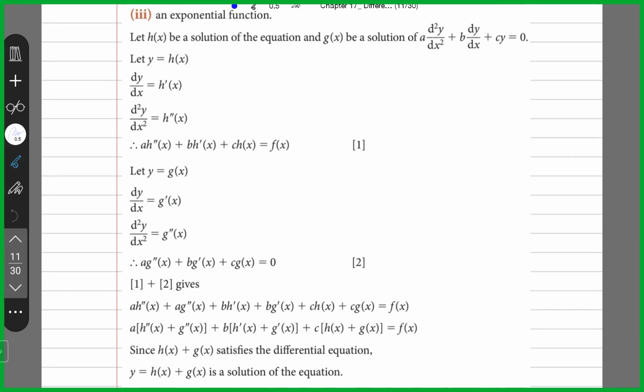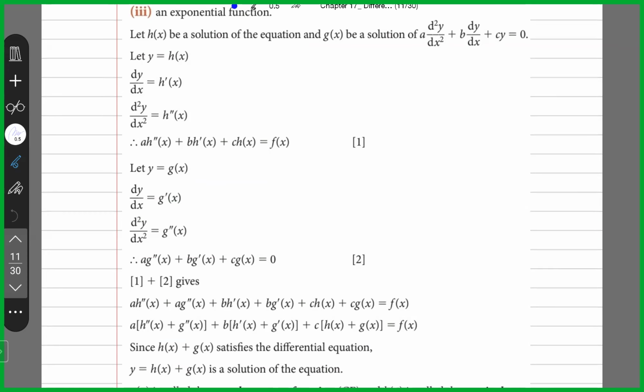Then remember that g of x is the solution of the homogeneous part of the differential equation. Let y is equal to g of x, dy by dx is the first differential of g of x, d2y by dx squared is g double prime of x. So a g double prime plus b g prime plus c g of x is equal to 0.